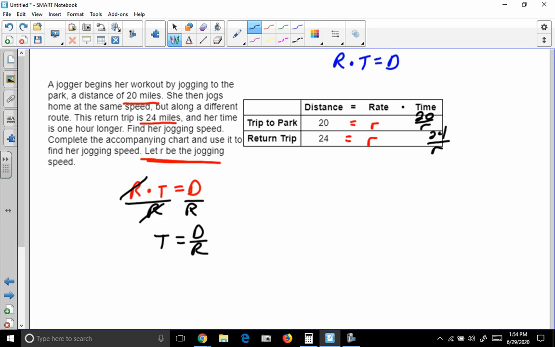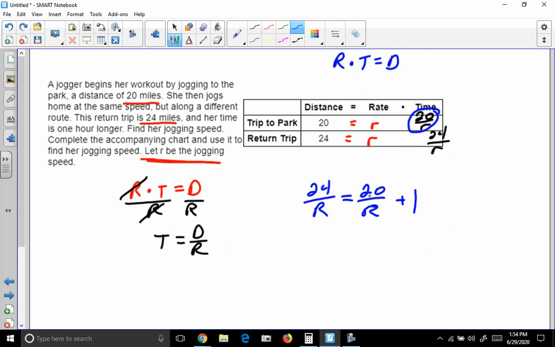So then they say something else about the time. The trip back is 1 hour longer than the trip to the park. So if we knew this time, this one is 1 hour more than that time. The time to come back is 1 more than the time to the park.